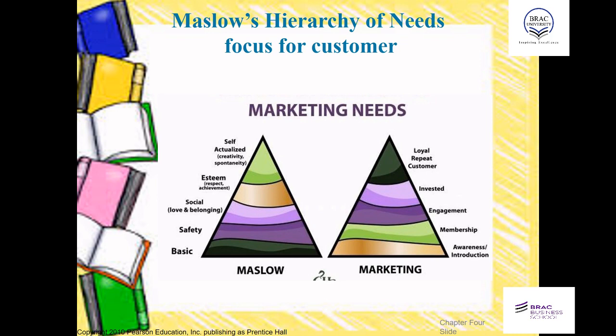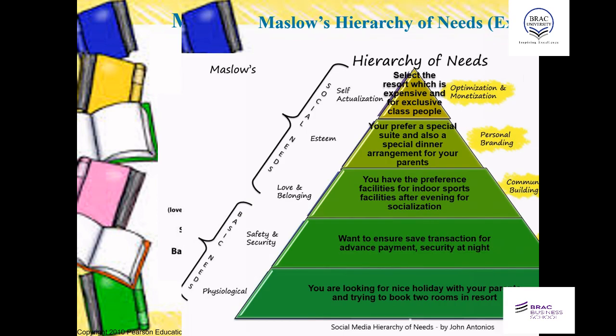And when we are talking about self-actualization, marketing is talking about loyalty. So ensure the repeat purchase, long-term bonding, long-term relationship. So this is how we are addressing the hierarchy of needs from the marketing point of view.